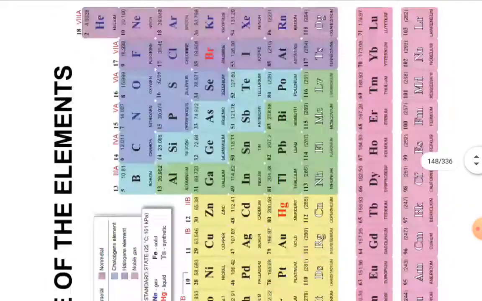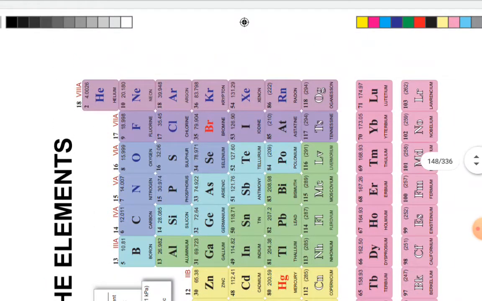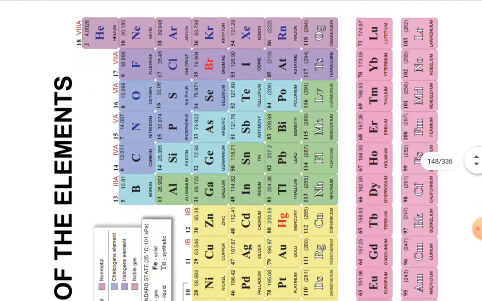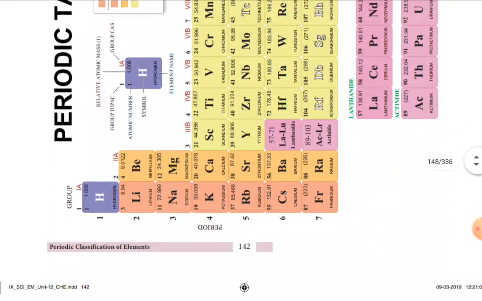Groups 1 up to 18 are there. Now see, the first group elements are hydrogen, lithium, sodium, potassium, rubidium, cesium, francium. Second group: beryllium, magnesium, calcium, strontium, barium, radium.